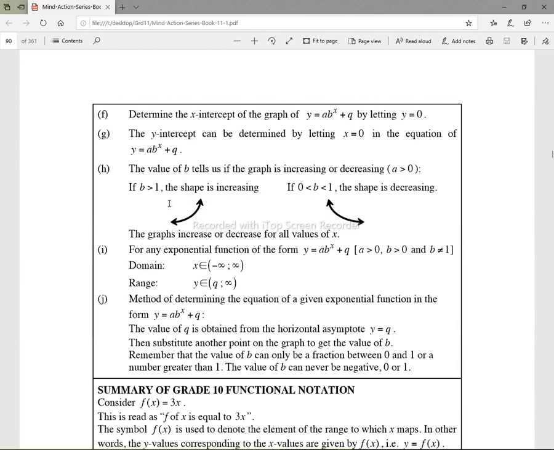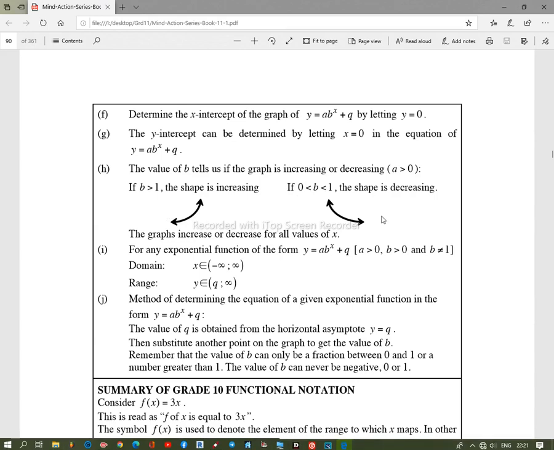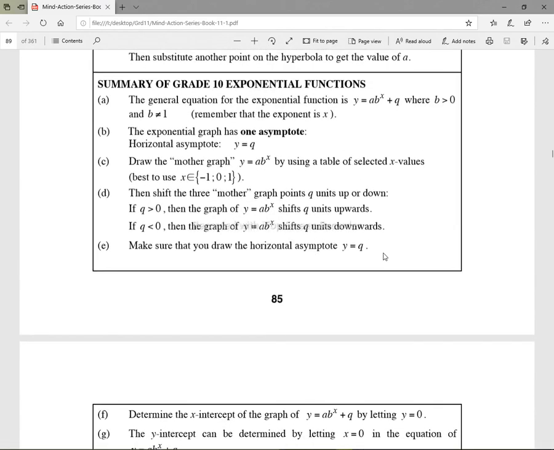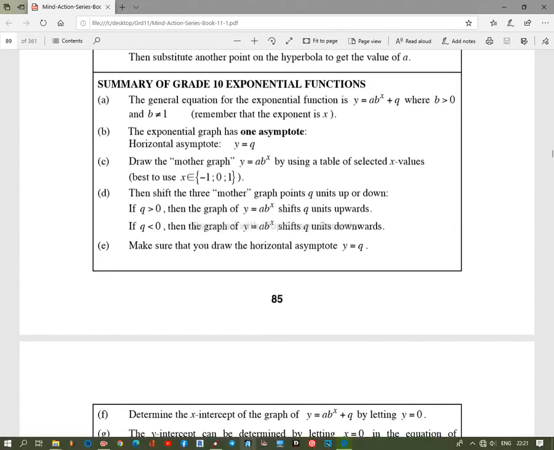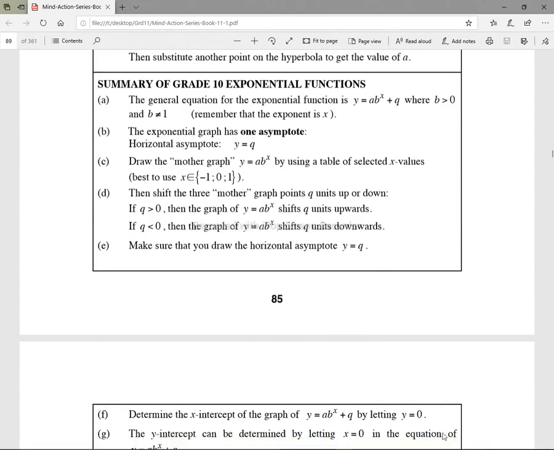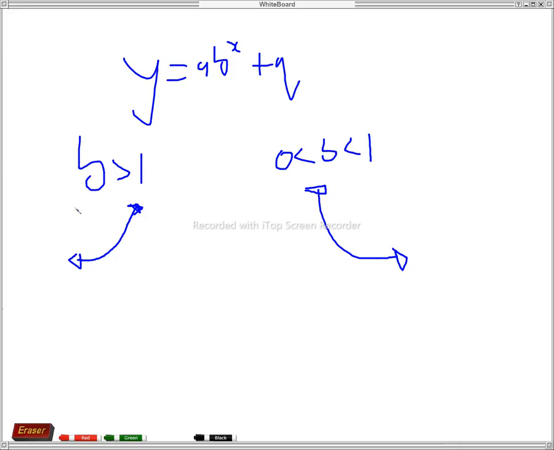Therefore this is our shape. And if b is greater than 0 but less than 1, our shape is decreasing. Our shape is going to be like this. So let me just write that on our board.